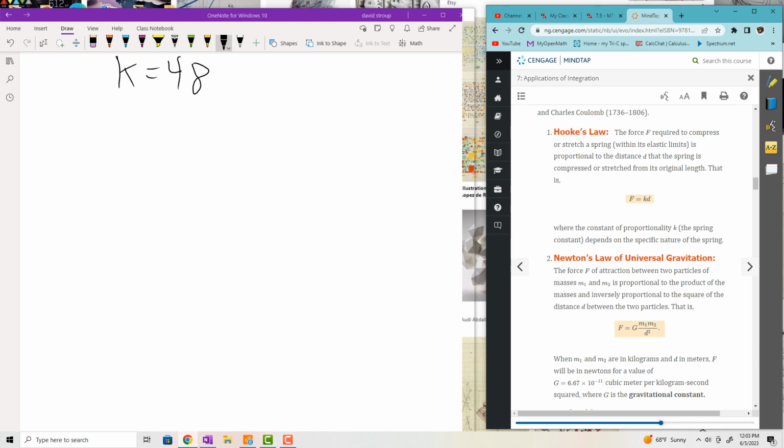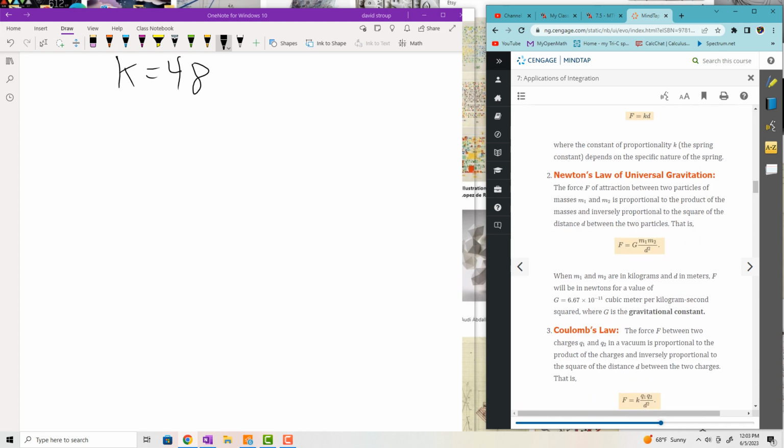Oh, there it is, Newton's law of universal gravitation. So F equals G times m1 m2 all over d squared. We'll just combine the gravitational constant and the m1 m2 into one huge constant.